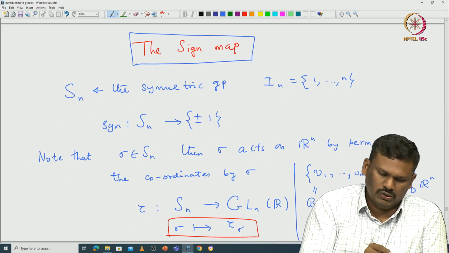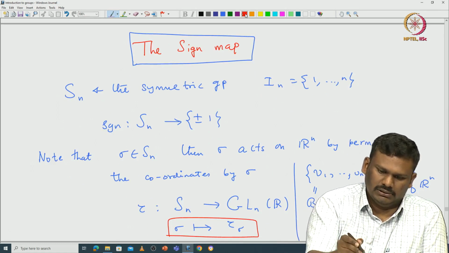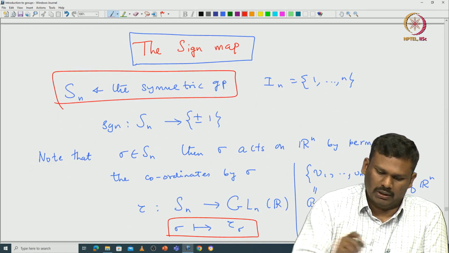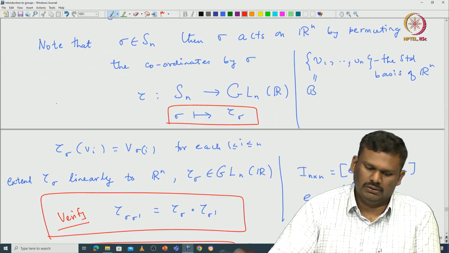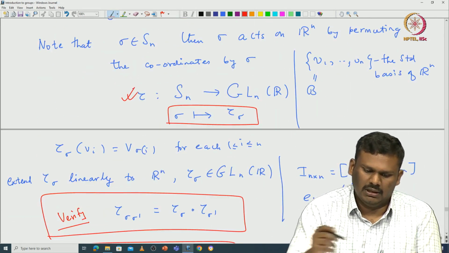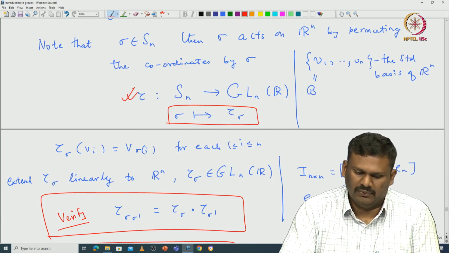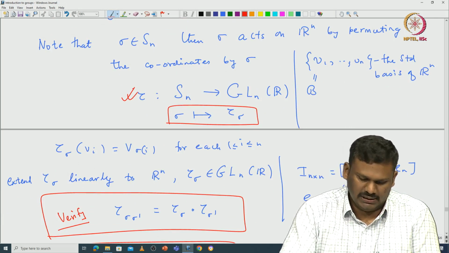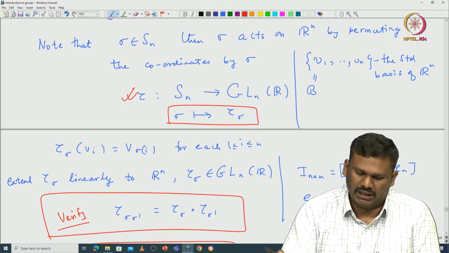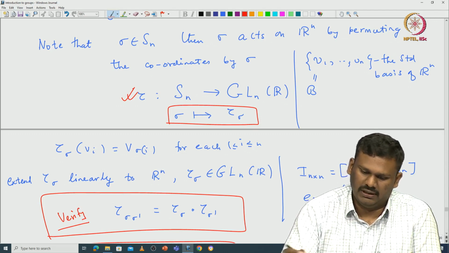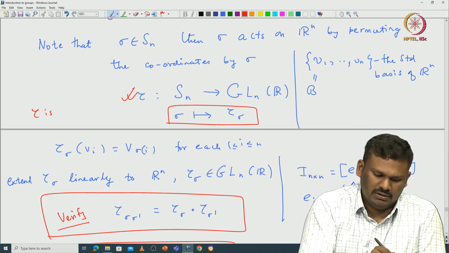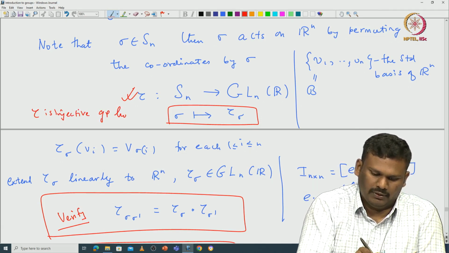We wanted to use the action of the symmetric group on R^n, and then you take this group homomorphism from S_n to GL_n(R) given by sigma goes to tau sigma. This is actually an injective map, something we also verified. So, this tau is an injective group homomorphism.